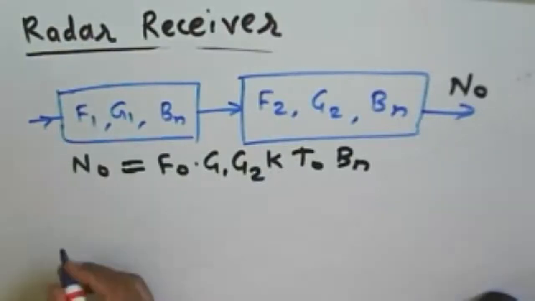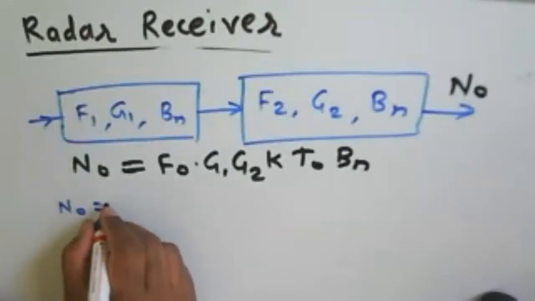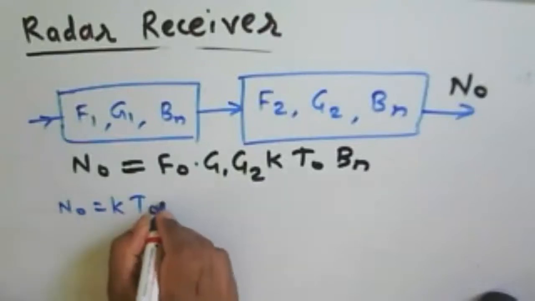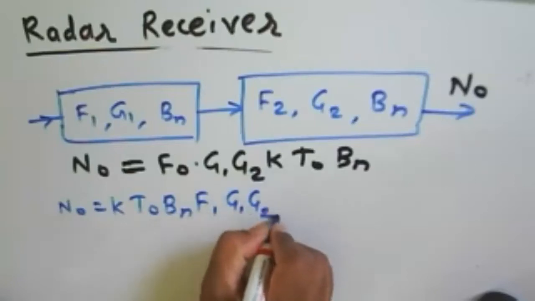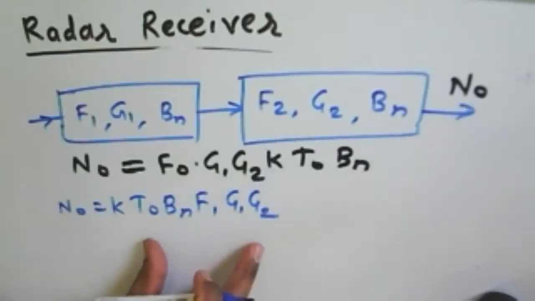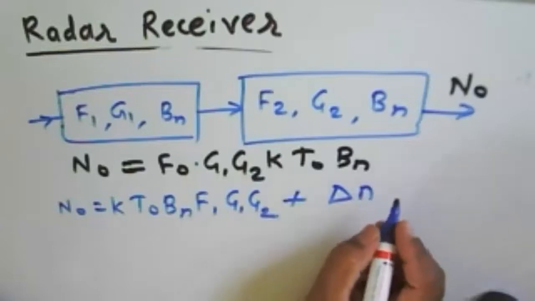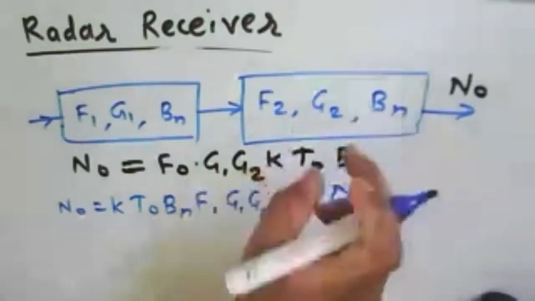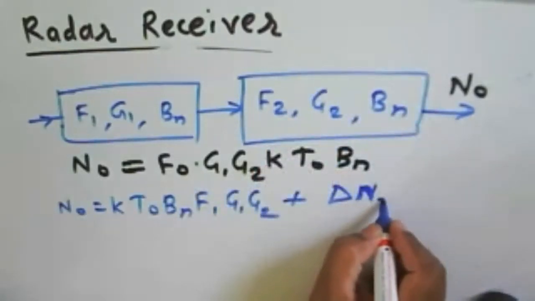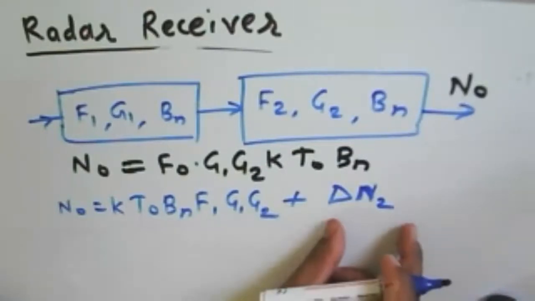So we can consider the total noise N0 equal to k T0 Bn F1 G1 G2, which is the noise from network 1 at the output of network 2, plus the noise introduced by this factor, that is dN2, generated internally by network 2.